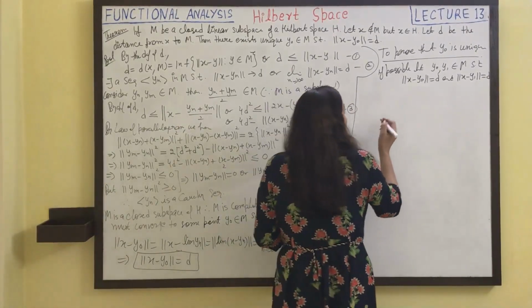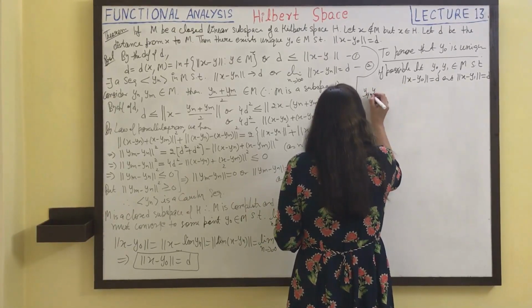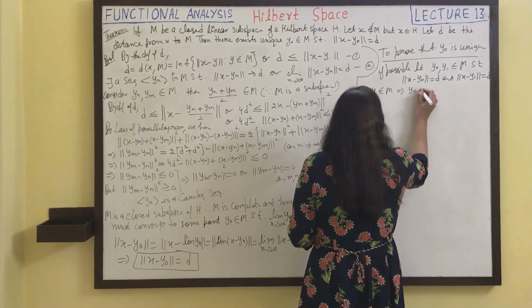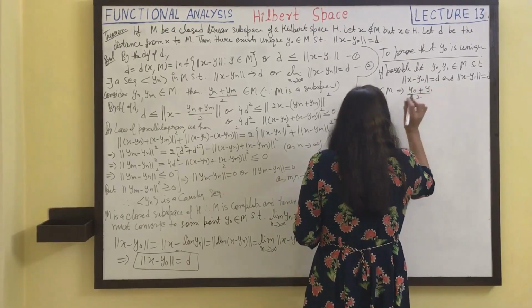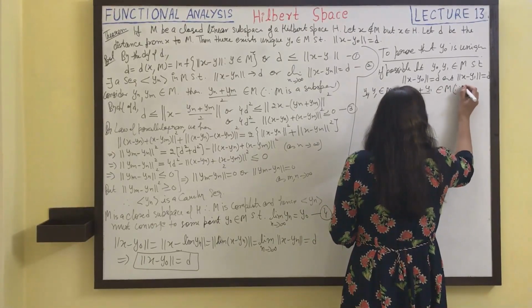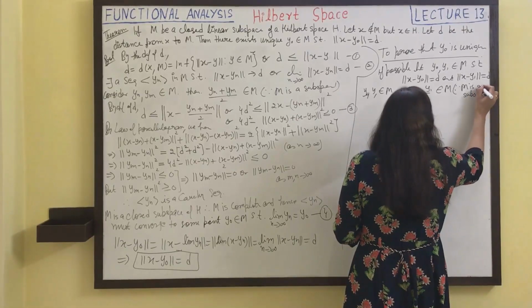Now again we have y0, y1 in M, therefore (y0 plus y1) divided by 2 is also in M, since M is a subspace.